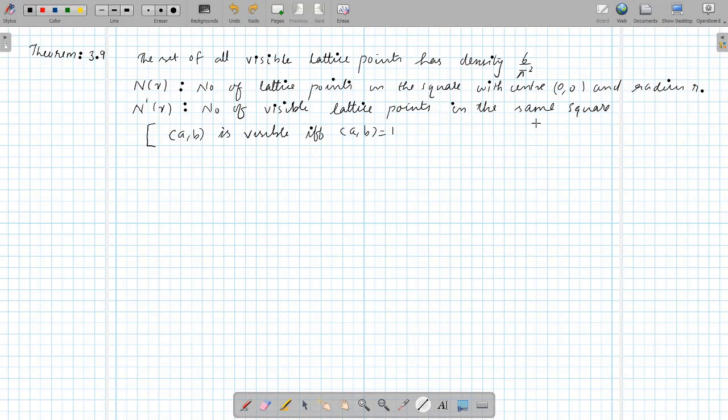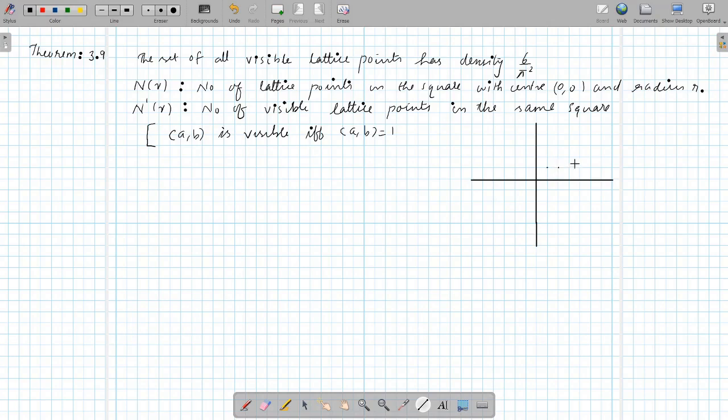First we have to consider the xy plane. I divide the xy plane into four quadrants and mark all lattice points here.